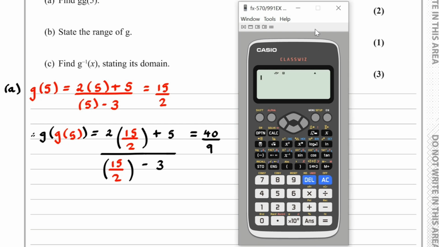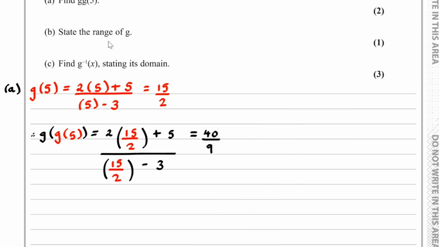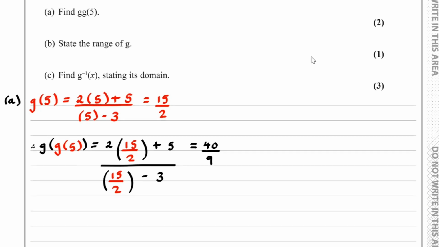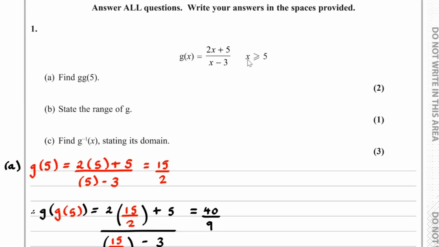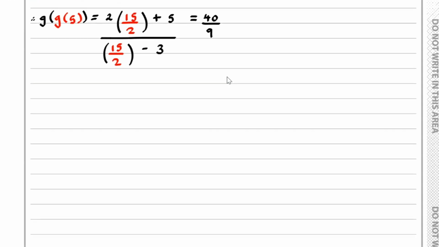over 9. Then for part B, we have to state the range of g. Now, we know from the question x is greater or equal to 5.